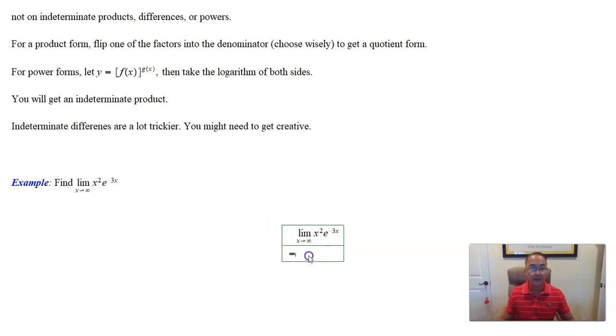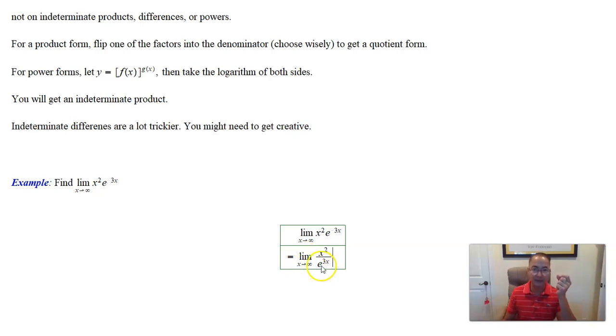This is still the limit as x approaches infinity, but we flip one of these factors to the denominator. X squared will turn into 1 over x squared if that's our choice, but e to the minus 3x will simply become e to the 3x. So I think that is a better choice than x squared. This time it's e to the positive 3x.